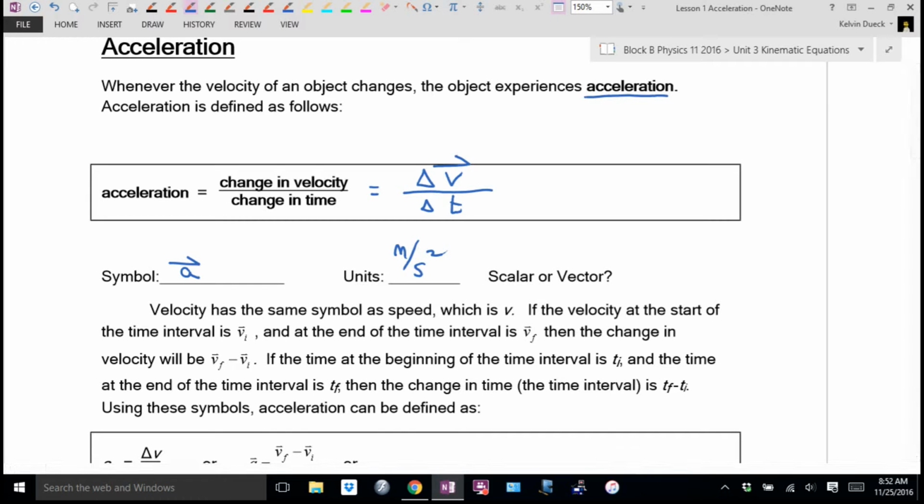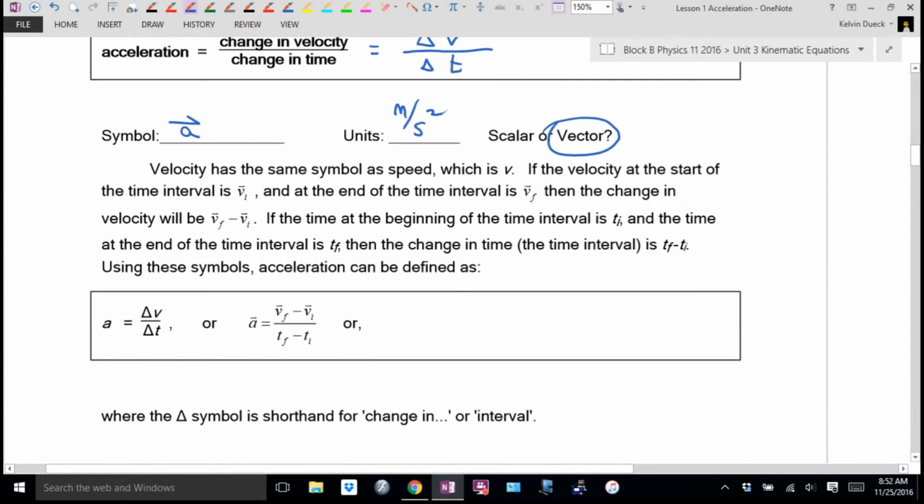Scalar or vector, does it matter which way you're accelerating? Will that change the question? Absolutely, it's a vector. Velocity has the same symbol as speed, v. That's a speed, that's a velocity if I add the vector sign.